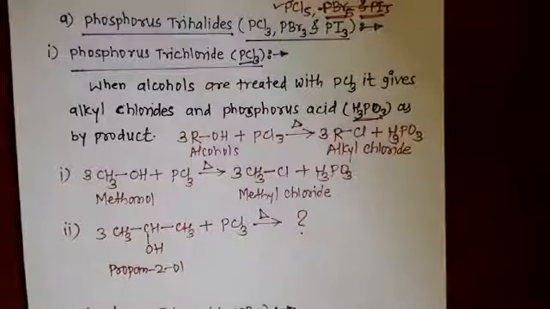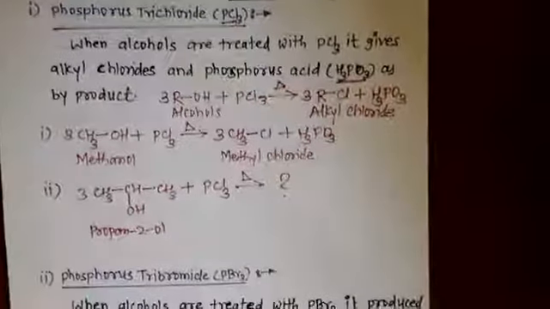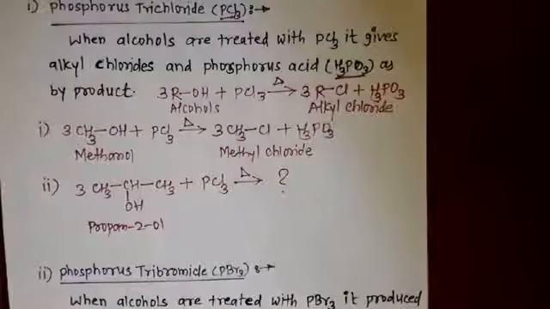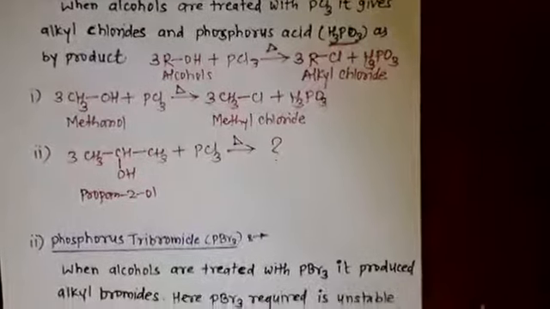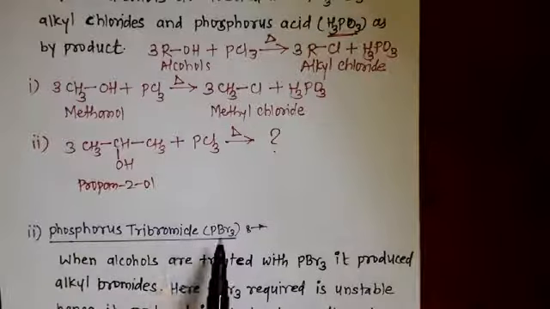Now we go to the second type of preparation, that is preparation of alkyl bromide by using alcohols and phosphorus tribromide.